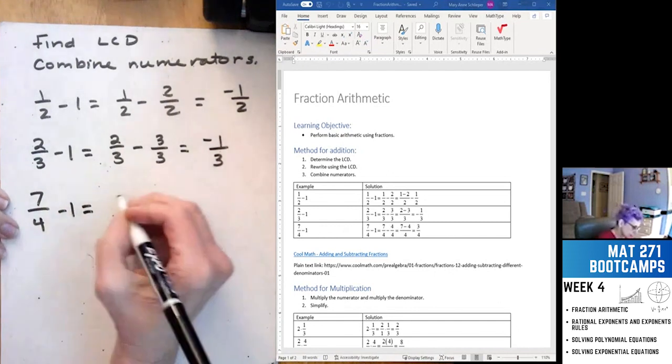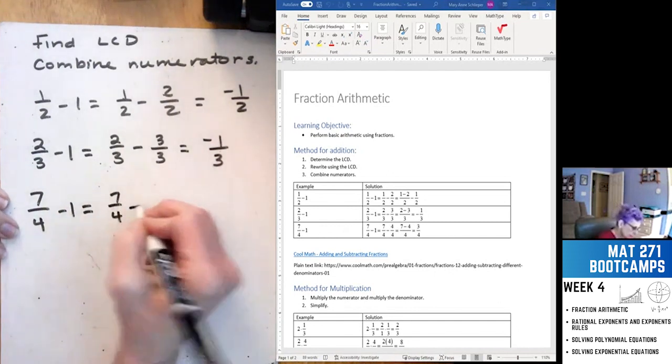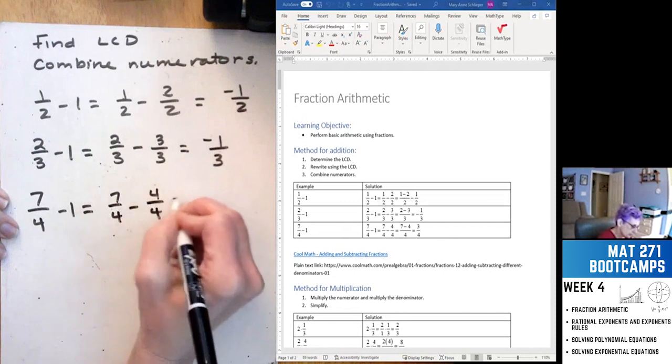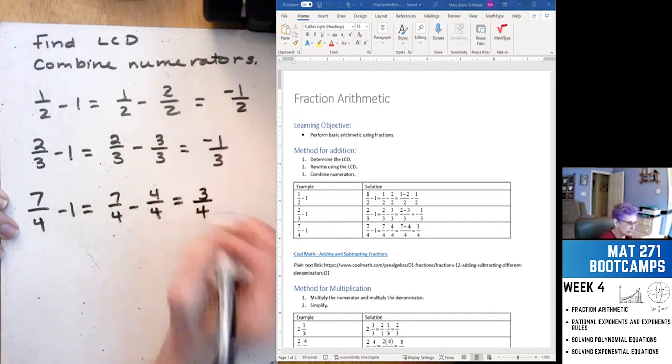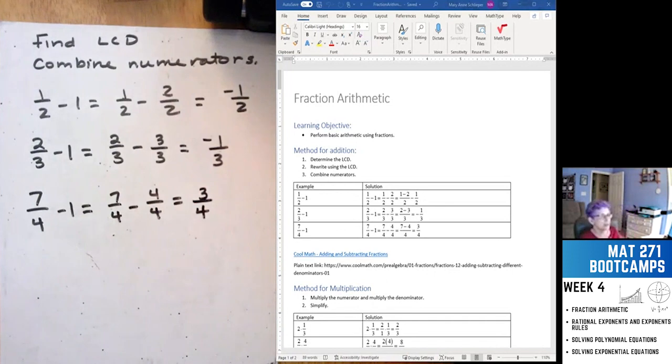My denominator here is 4. So 4 over 4. 7 minus 4 is 3/4. And I called it fraction addition, but that's okay because you're smart enough to know that subtraction is just adding a negative number.